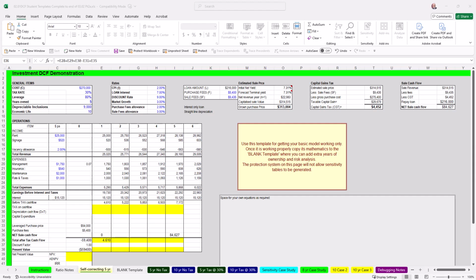One last addition that I'd like to get us to look at here is the way that this number comes in, how the total after-tax cash flow works. Because we eventually want to make the model respond to different lengths of ownership, different lengths of project. Currently we've got it set to 5.